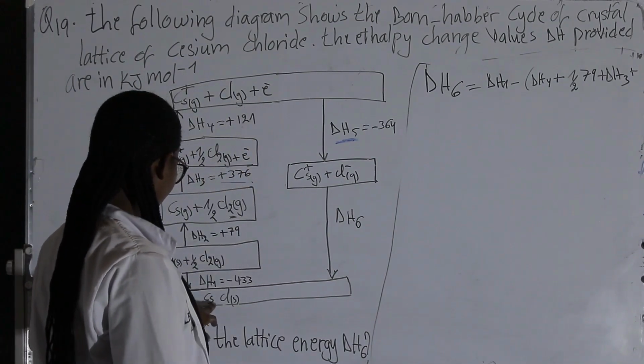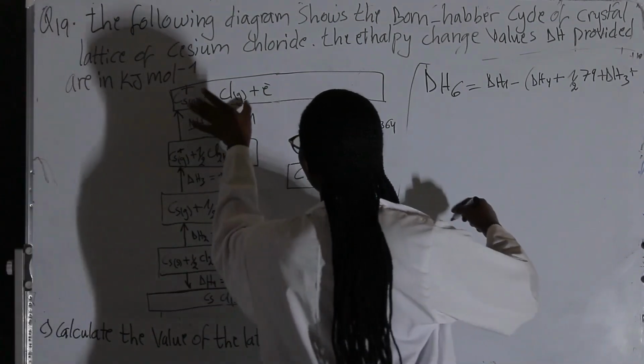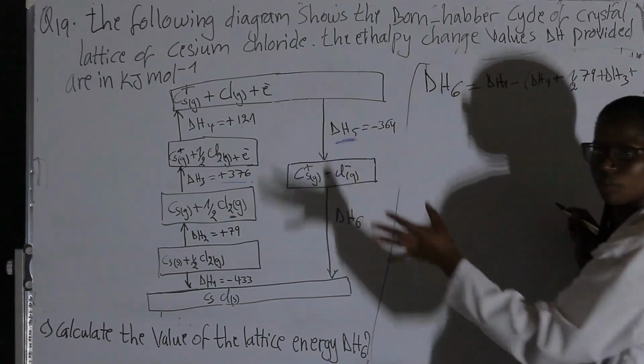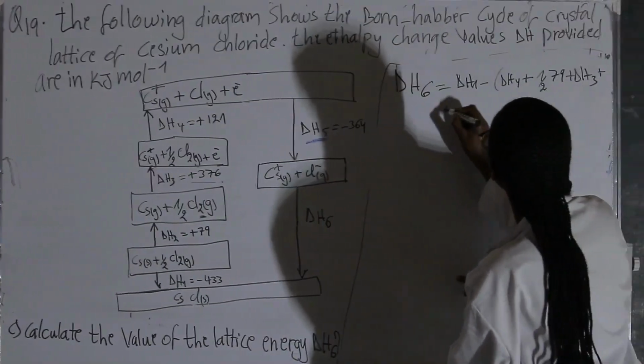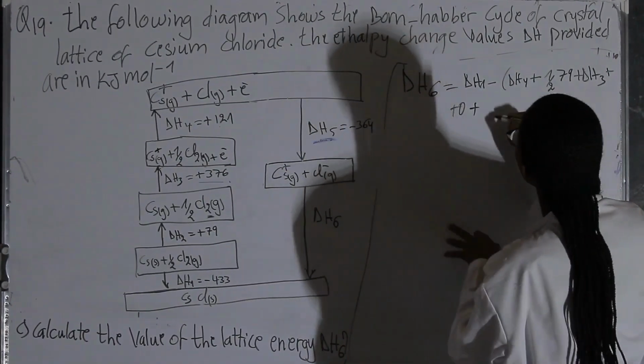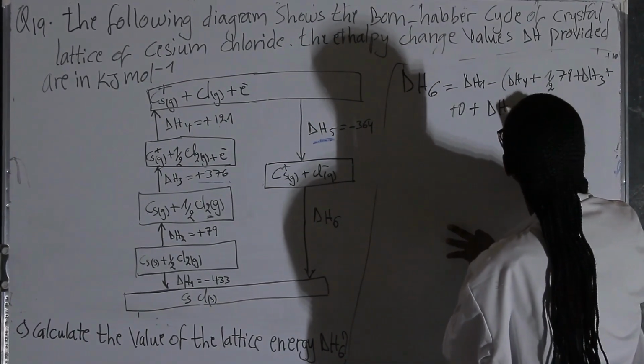The initial state enthalpy change must be 0, then we add on 0, then plus ΔH5.